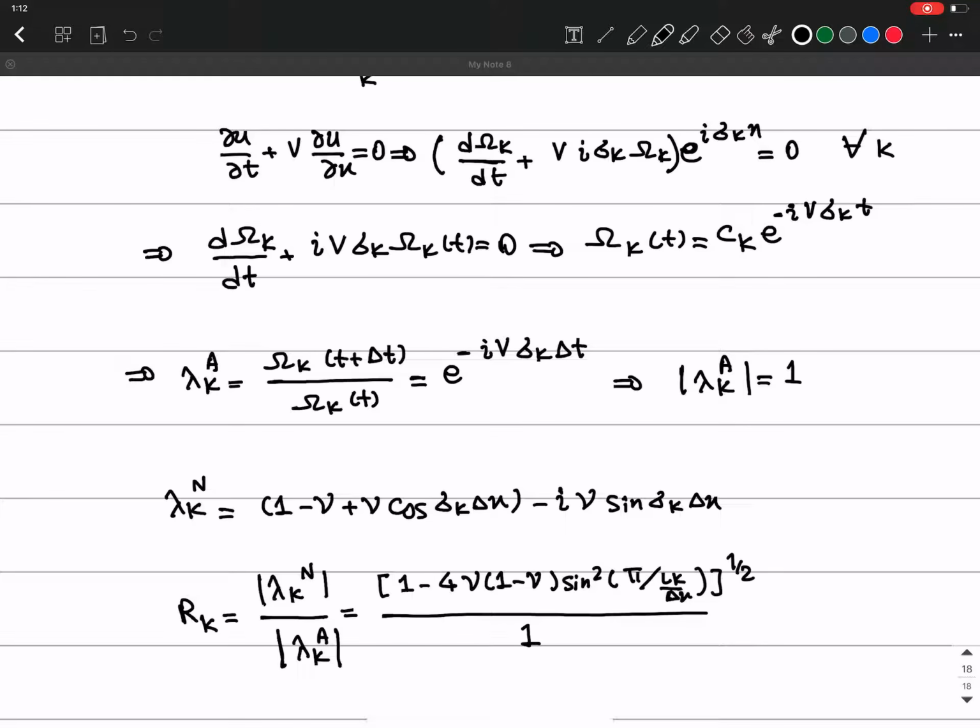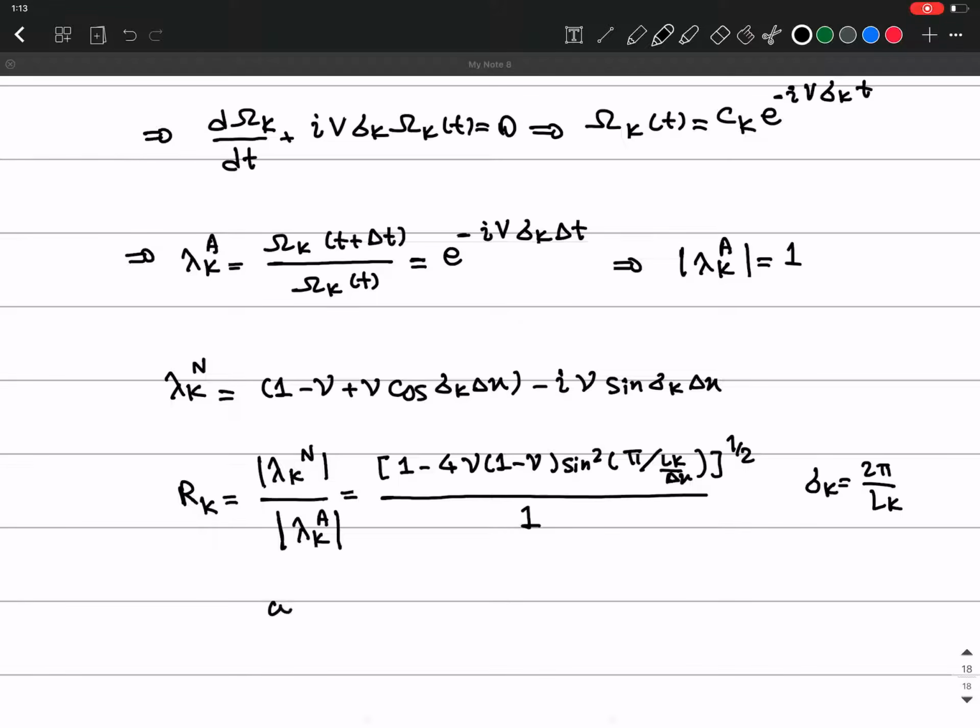Because that's the absolute value of the analytical one, whereas sigma k is 2 pi over Lk. So that is the relation between sigma k and Lk.